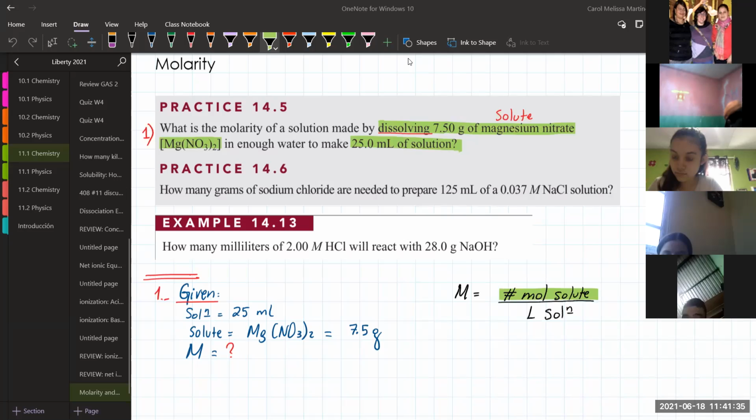I repeat, the solute is magnesium nitrate and it's given only the grams. If I have the grams and I want to know the number of moles, I need to use the molar mass to find the number of moles. So as a first step, we need to find the molar mass of the solute.